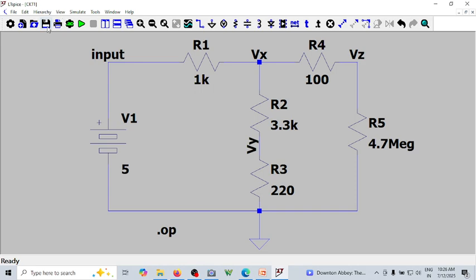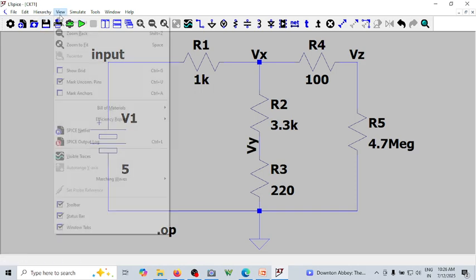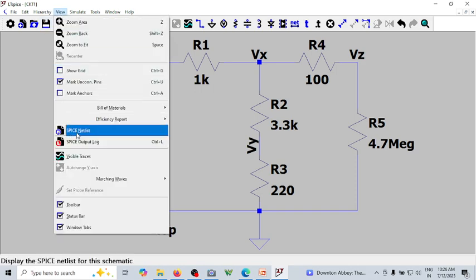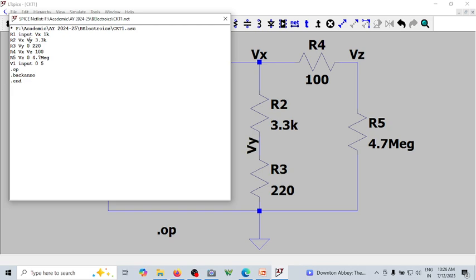What I'll do is save this, go to View and see the netlist. Can you see that it has been totally changed? Can you see this is between input and Vx? It is between Vx and Vy. There is no N001, N002, since the user has specified the nodes as Vx, Vy and Vz. That's why it is now named Vx, Vy.